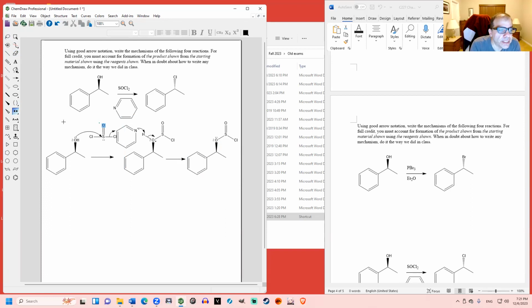And you get this intermediate. And that's the intermediate that the chloride ion attacks.